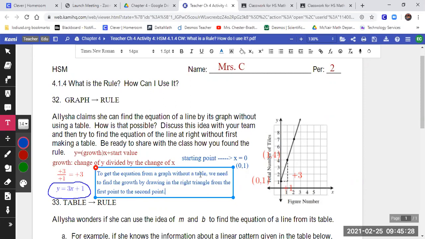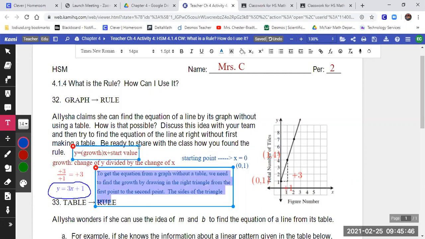Okay, now, what did we do with that triangle? The sides of the triangle gave us what? What information did we get because of the sides of the triangle? So Moses, you're partly right.